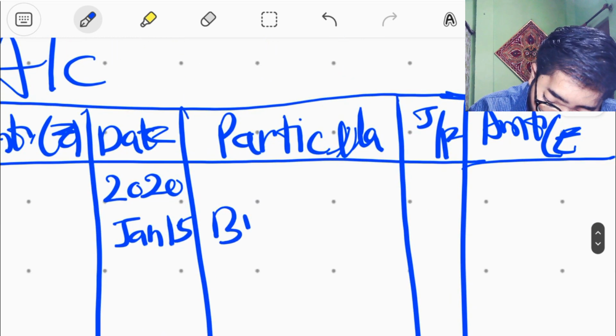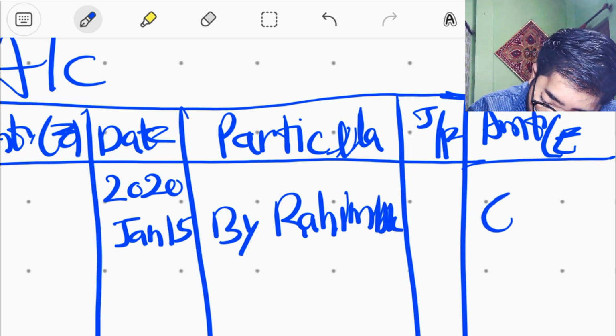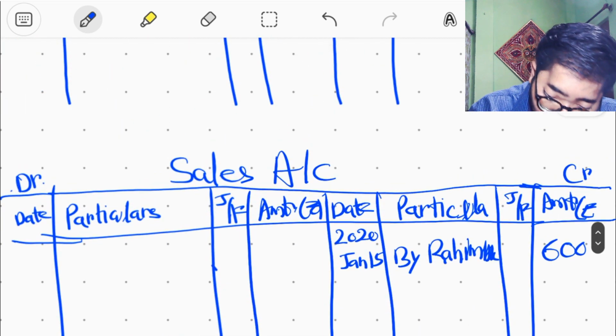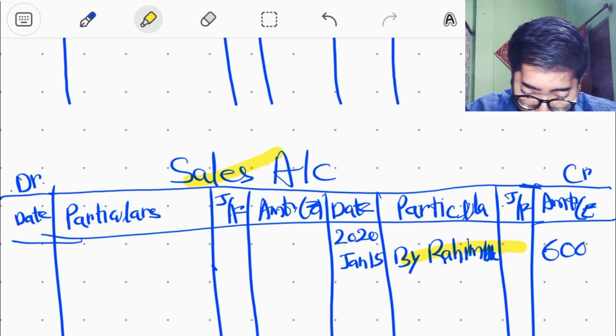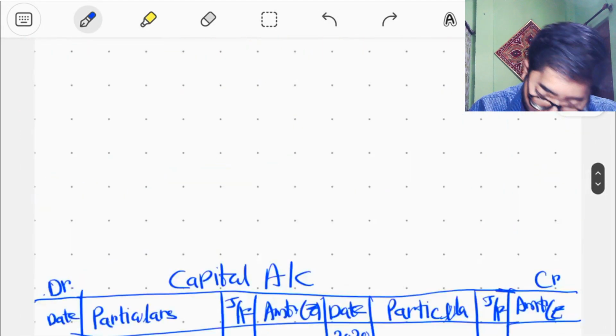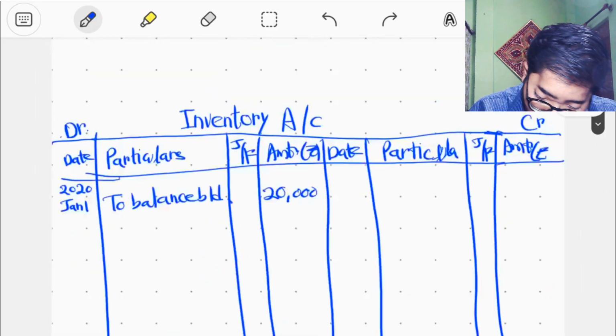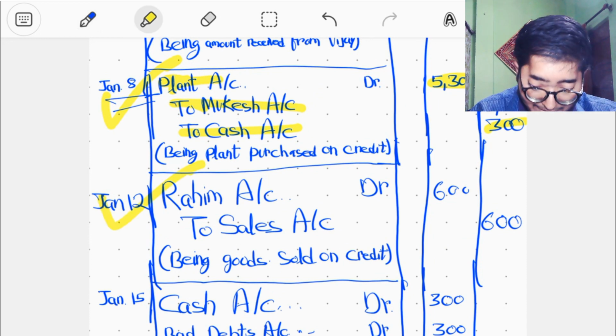It is by Rahim account. How much is the amount? 600. So the entry is Rahim account debit to sales account. So sales account is credited by Rahim account. This entry is made.